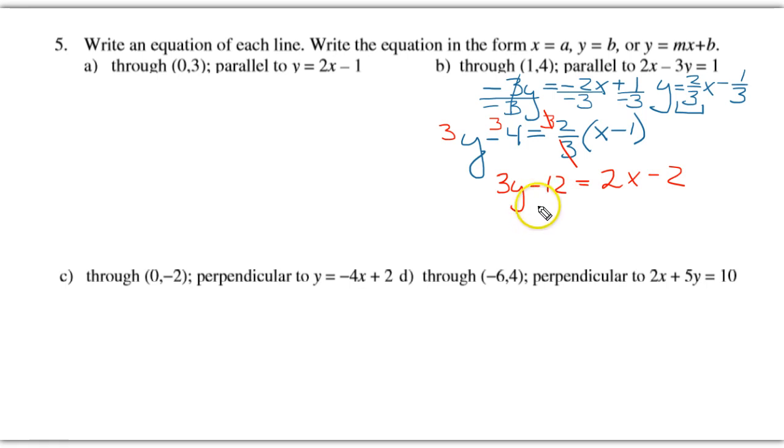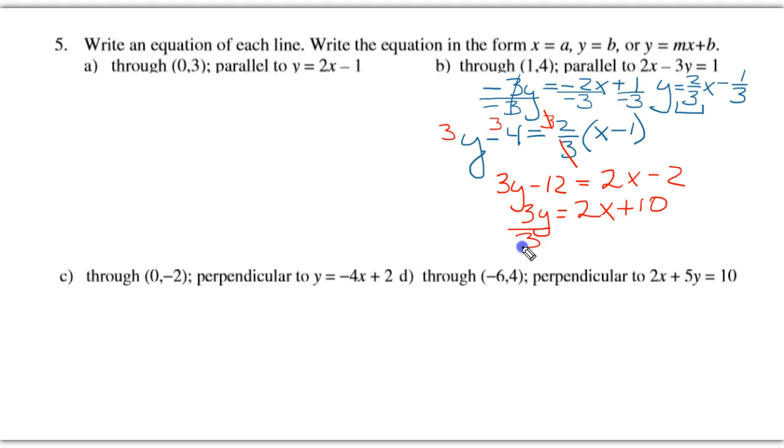Now to solve, and I want to put it in slope-intercept form, I'm going to get 3y equals 2x, transpose this. Now on this side it becomes a positive 12. Minus 2 gives me a positive 10.